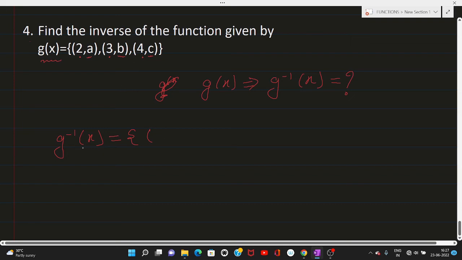So we can write g inverse x equal to (a, 2), (b, 3), (c, 4). So this is our inverse function, the inverse of g(x). I hope this is clear. Now let's go to question number 5, the last question of this video.